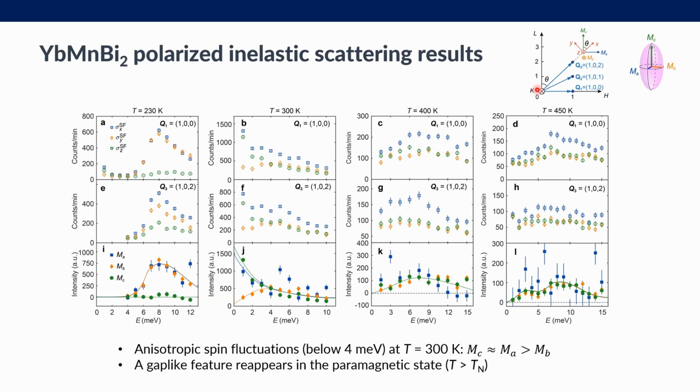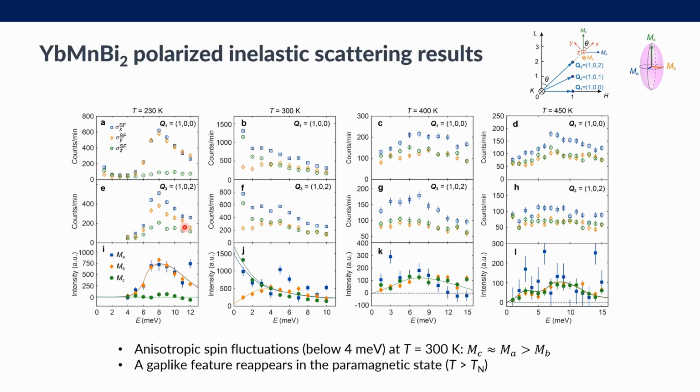And if we choose a different, (102) wave vector, we're probing the magnetic response within this plane. So by combining these two measurements, we can deduce the spin fluctuations along the a, b, and c axes, which is shown in the bottom panel.